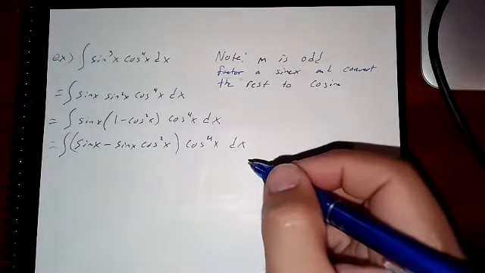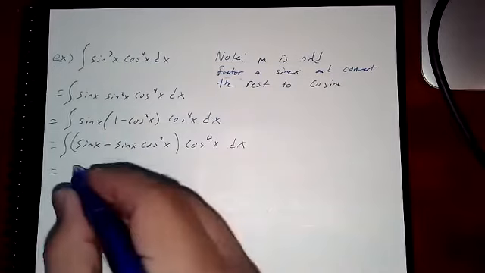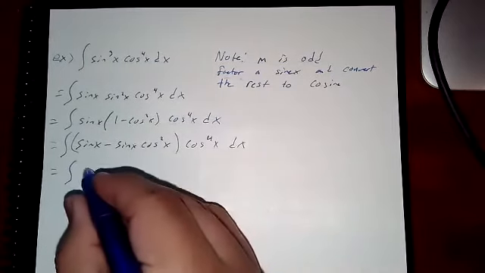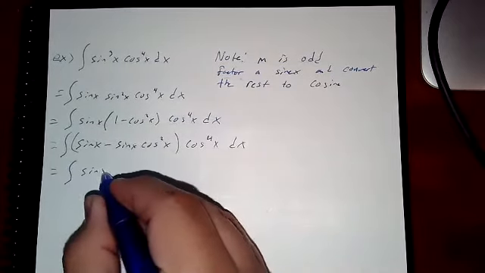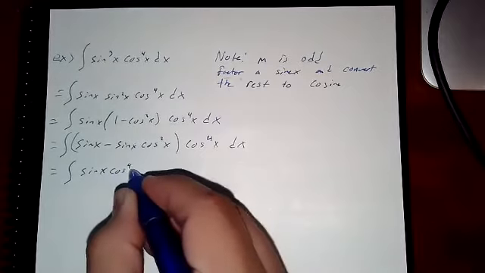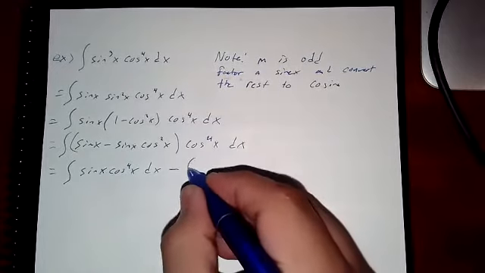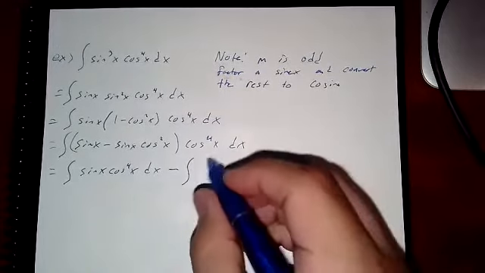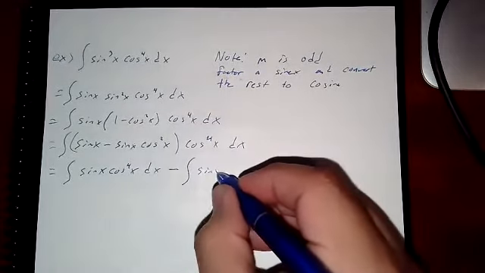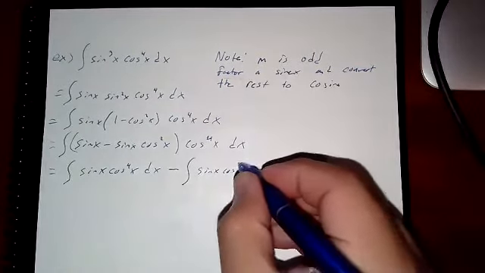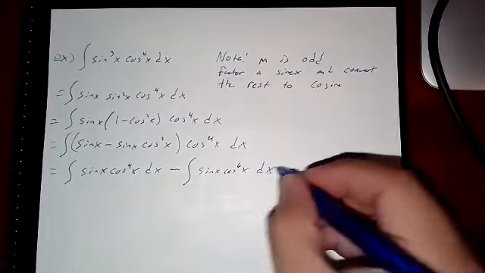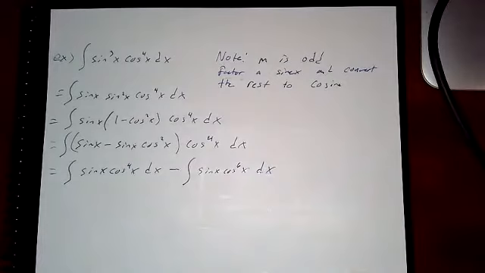Distribute the cosine, and we end up with sine x cosine 4th x dx minus, I'm going to go ahead and separate, sine x cosine 6th x.